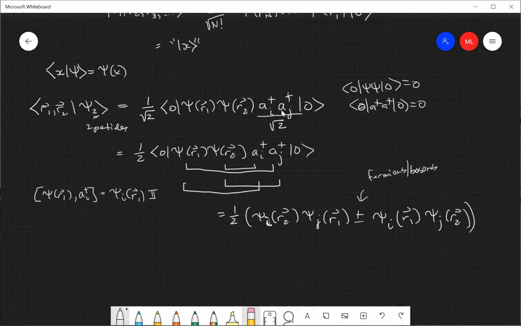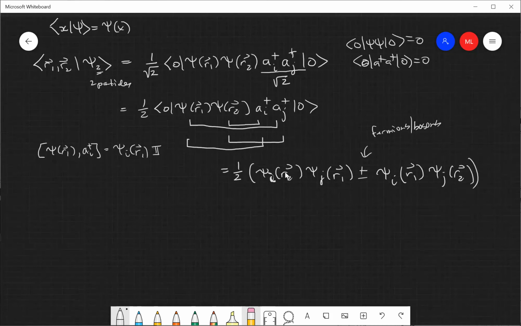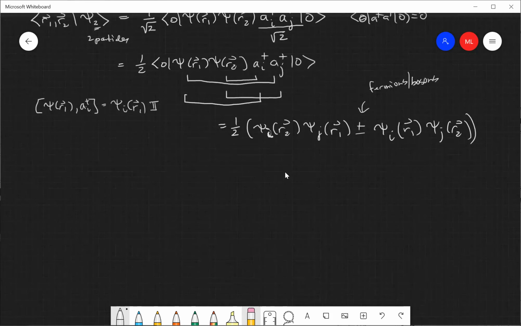So, all right. We talked about dynamics a little bit last time, but again, you'll practice that on the homework. Since the only kind of state we're ever worried about is the vacuum, this is time independent.